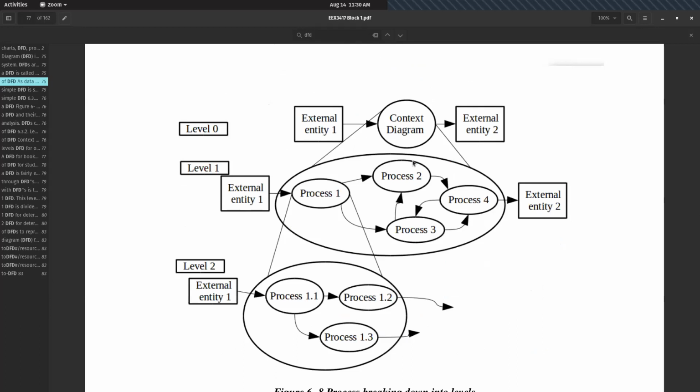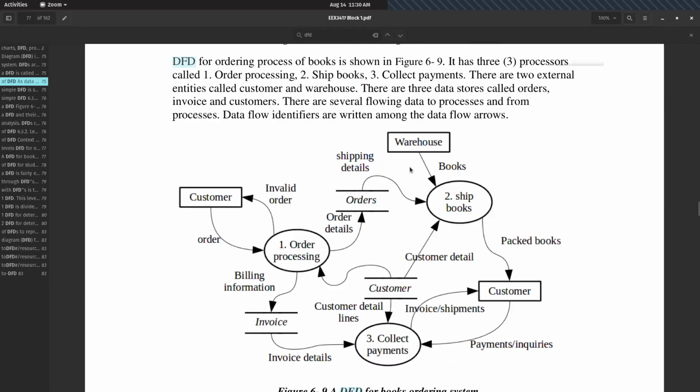Like this, when you see a diagram like this, what is the level of this diagram? Anyone can chat, at least in the chat. Not understood now? Hello?